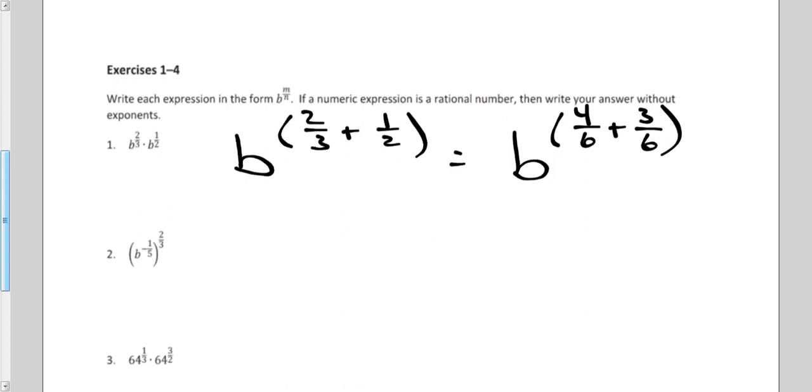After converting fractions to common denominators, I get this, right? Yes. And that equals b to the 7/6 power.